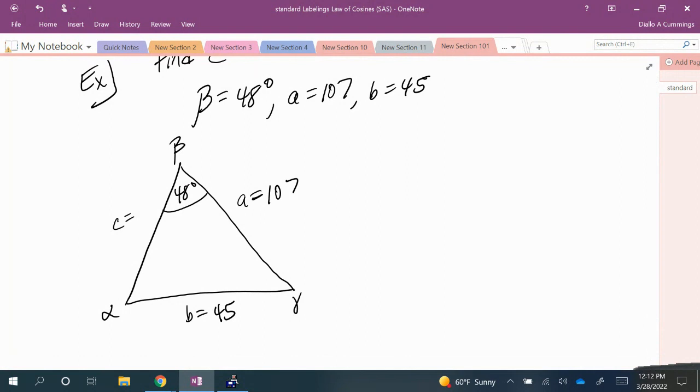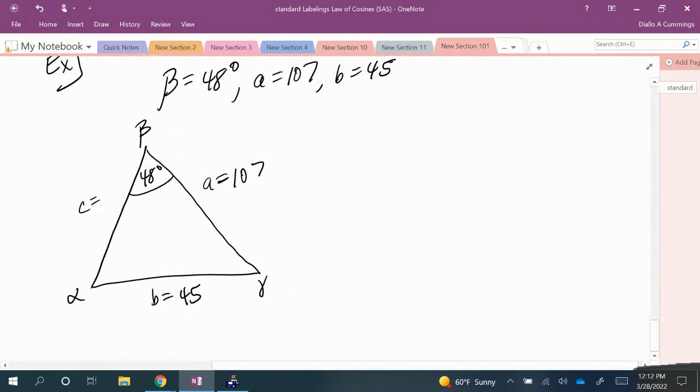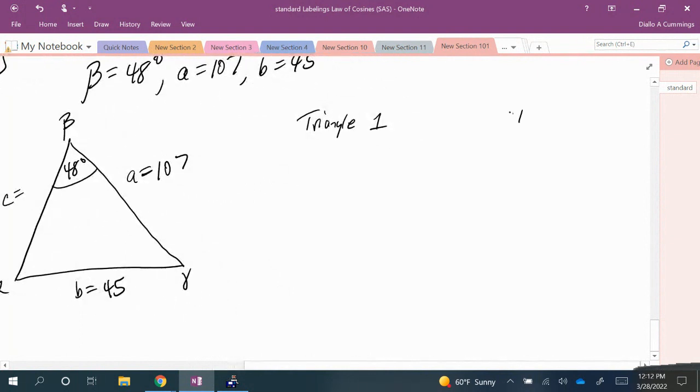Whenever you're given a side side angle set of measurements, you should always treat the solutions as if you have a two triangle solution. All right, and this may be overkill for our actual problem. Hey, but this is how it's actually done. So you have triangle 1 and you have triangle 2.